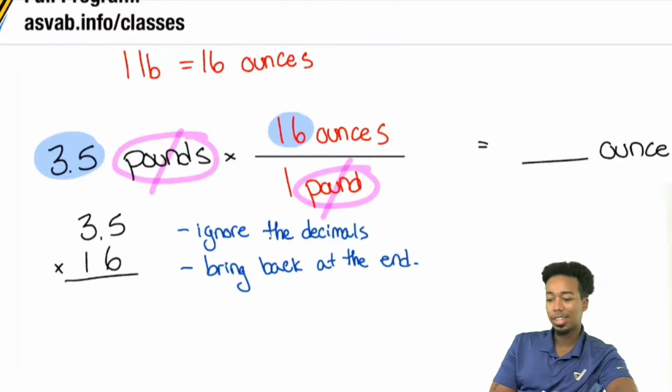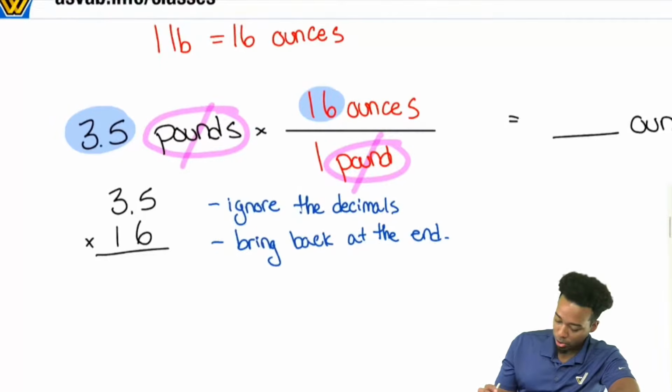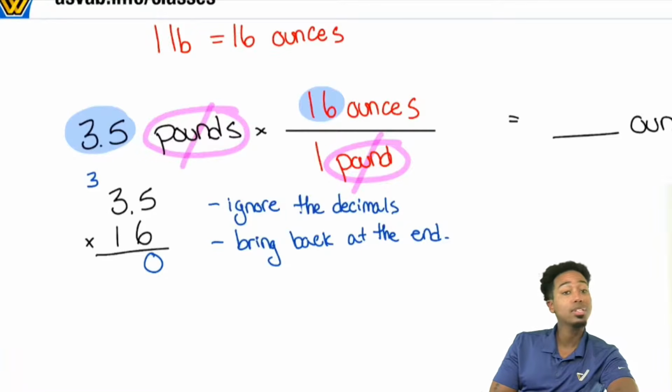So 3.5 multiplied by 16: 5 times 6 gives us 30. Carry the 3. 3 times 6 gives us 18. Carry the 3, that's 21.